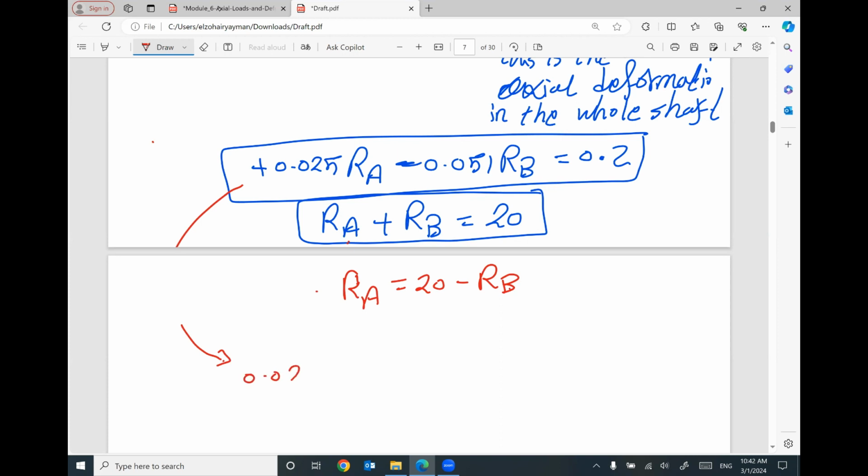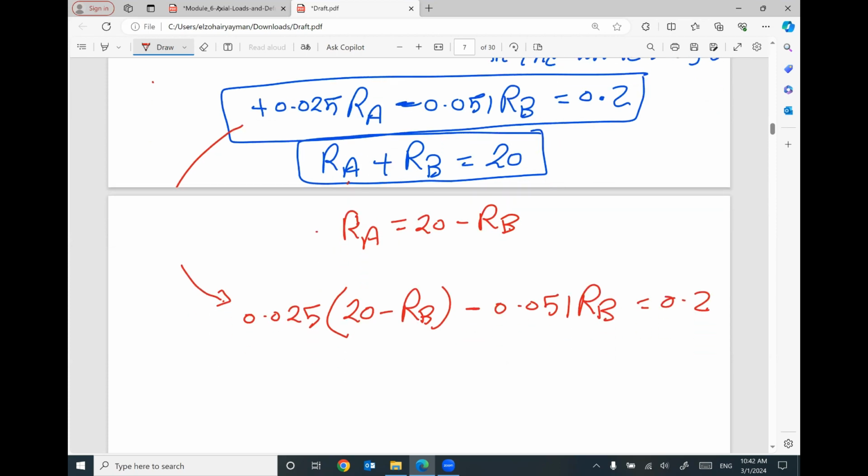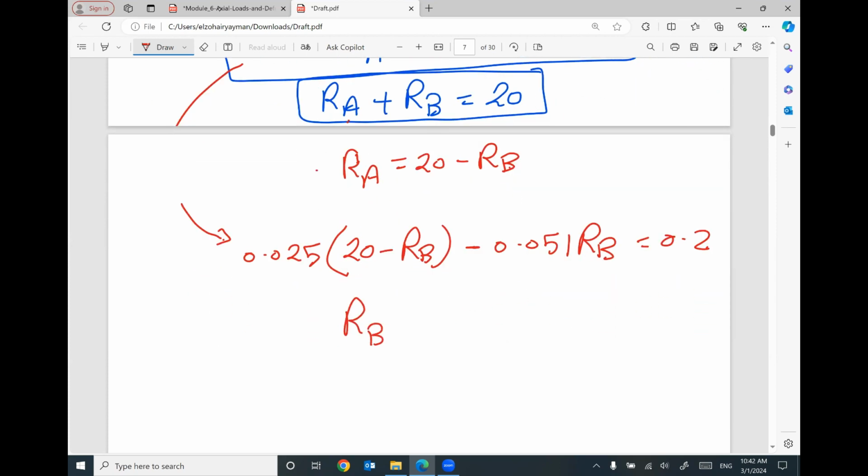So 0.025 times RA, which is 20 minus RB, minus 0.051 RB equals 0.2. The only unknown in this equation is RB, so I can figure out the reaction RB. It will be 0.2 minus 0.025 times 20, divided by negative (0.025 plus 0.051).